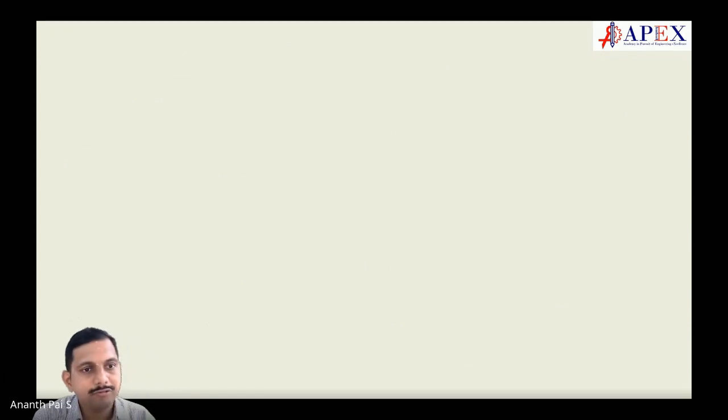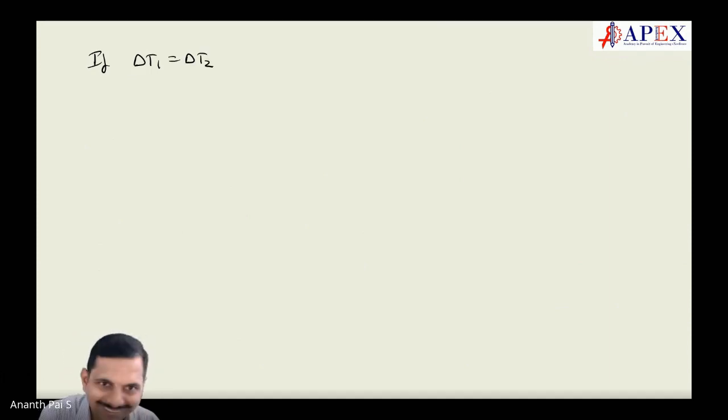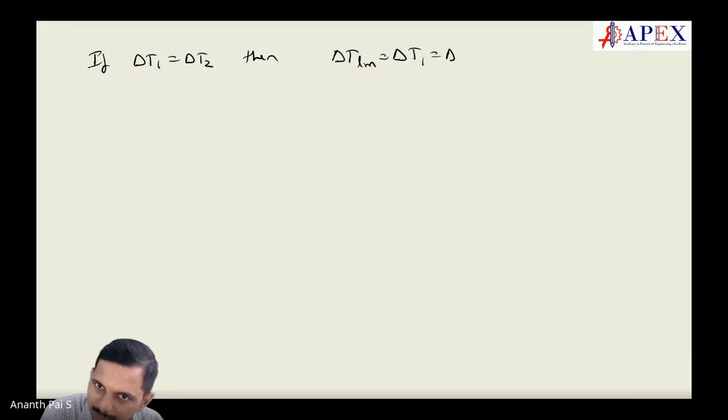If delta T1 is equal to delta T2, then the log mean temperature difference, delta T log mean, is equal to delta T1, which is equal to delta T2. That's it. That would be the same difference.